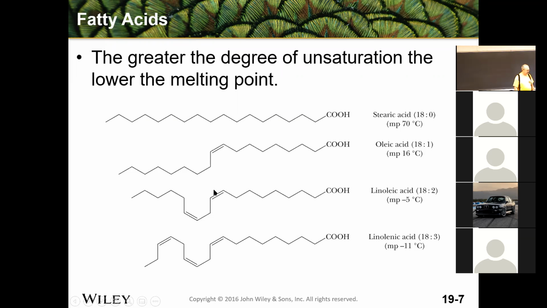Linoleic has 2 double bonds, they're both cis. Notice the first double bond occurs between carbons 9 and 10. The second one is not conjugated with the first one. There's a CH2 in here. And then linolenic has 3 cis double bonds, and none of them are conjugated.